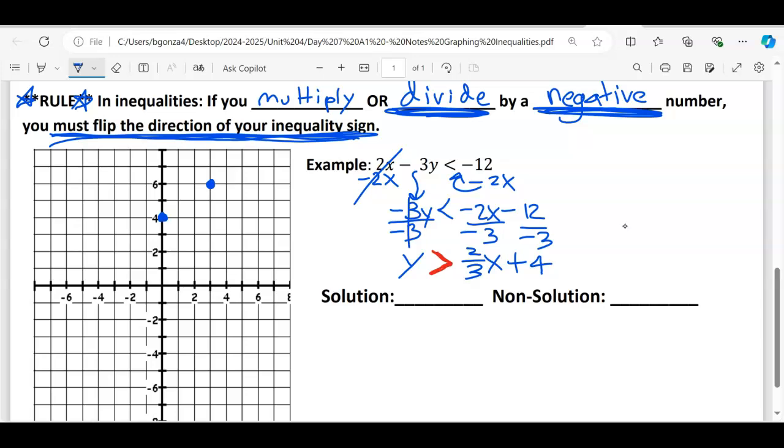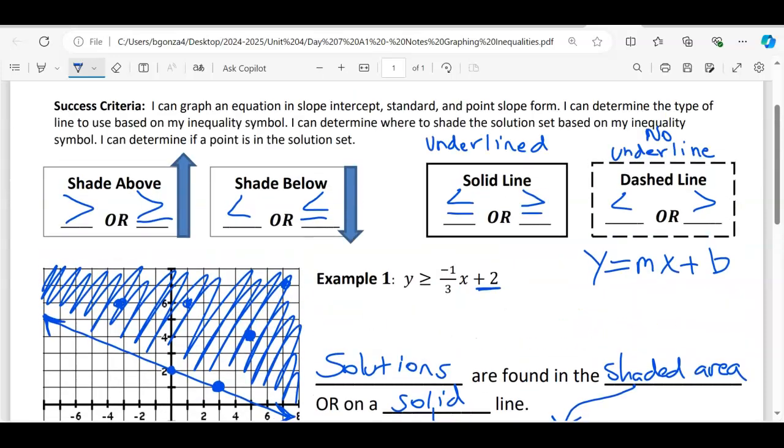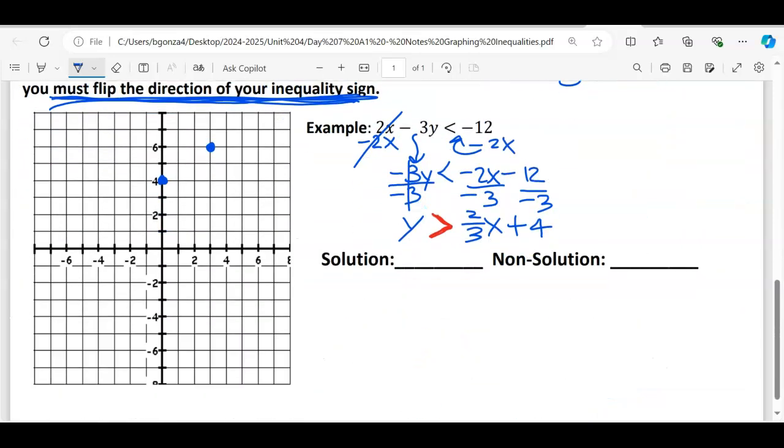Okay? Before you connect it, what kind of line? Is it going to be solid or dashed? So let's look at it. Does this inequality have an underline? No. And we said no underline means dashed. Okay? So what does that mean, Mr. G? Let me tell you.